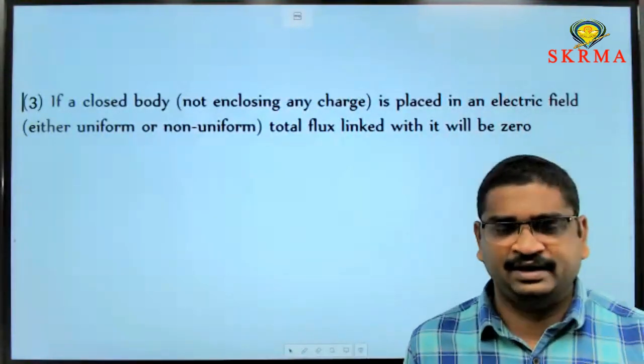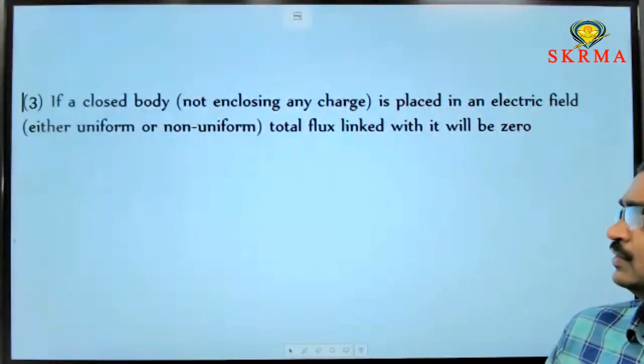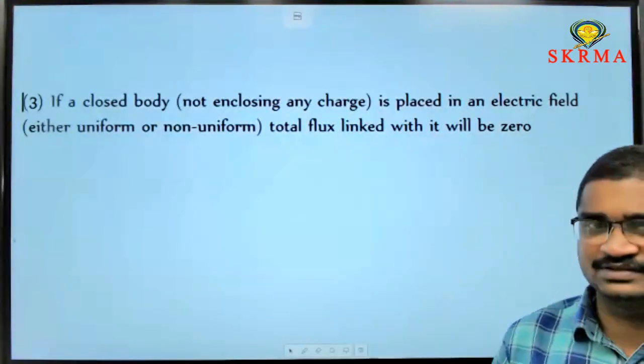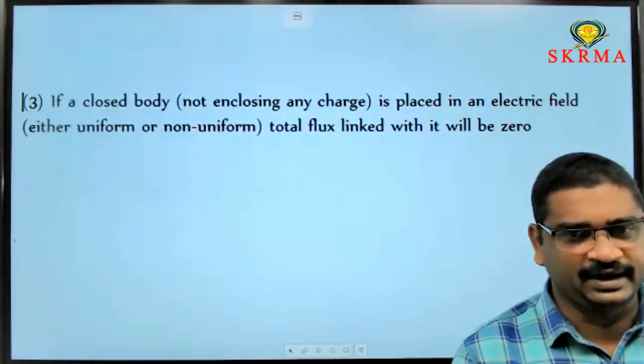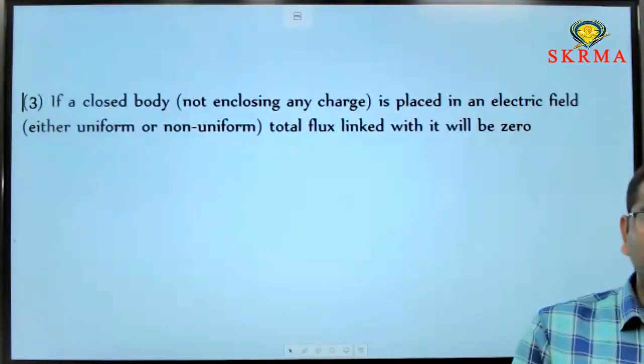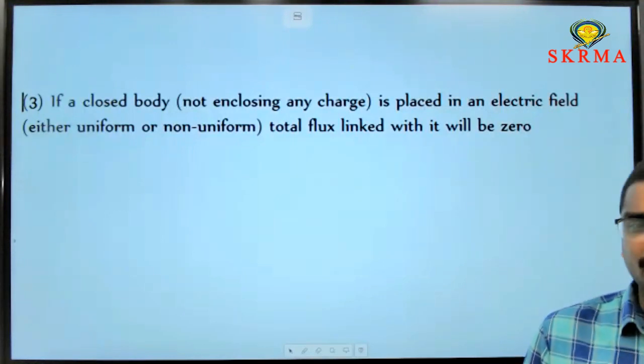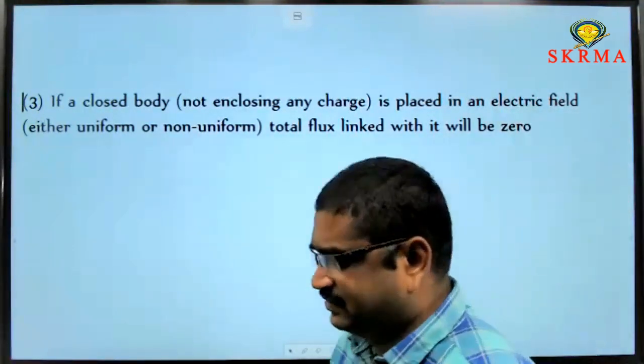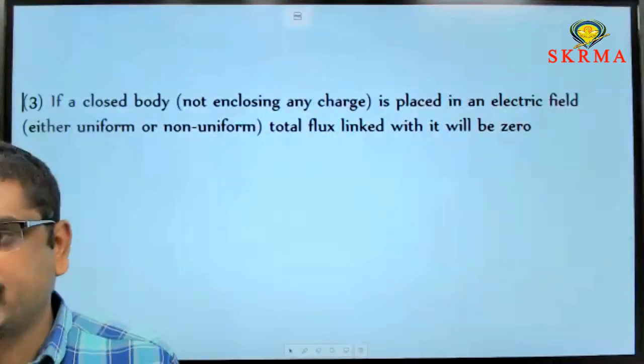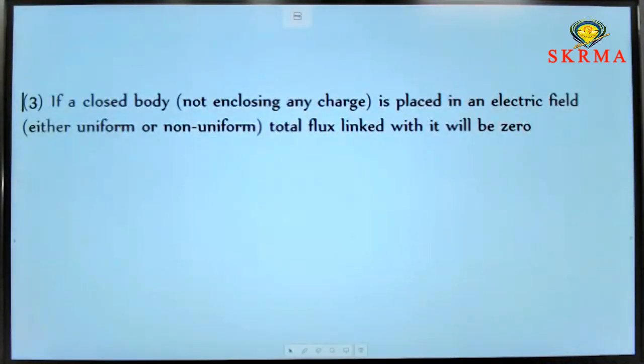For either one, the electric flux is zero only. The total electric flux linked with the surface will be zero for a closed body placed in an electric field, uniform or non-uniform. So the electric flux should be zero.